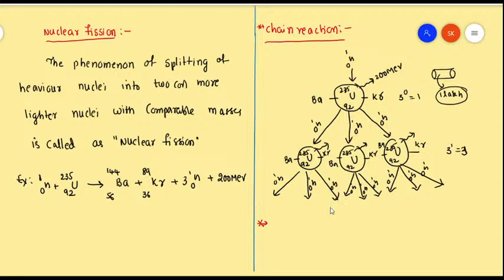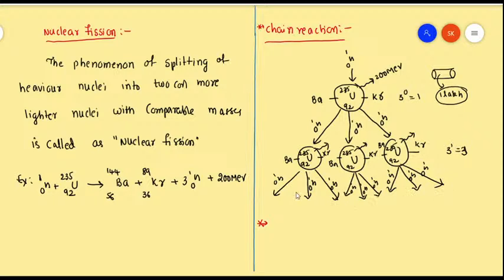Now if you want to stop this chain reaction, what you have to do? For example, here 9 neutrons are released, 3, 3, 3. We have to keep something and absorb these neutrons. For example, I absorb all 9 neutrons by using some other absorbing materials.